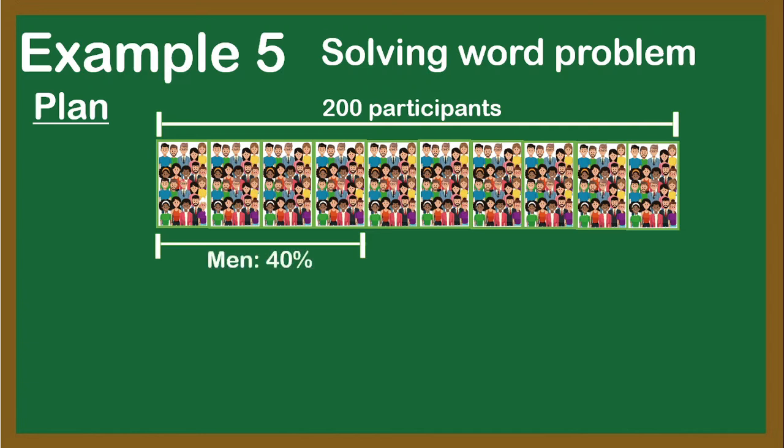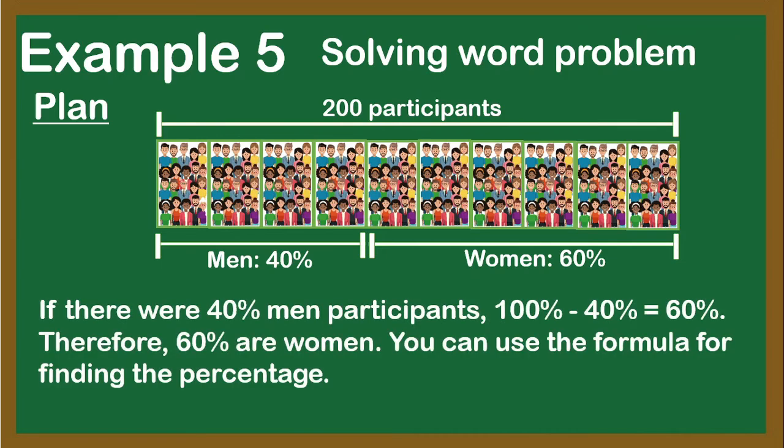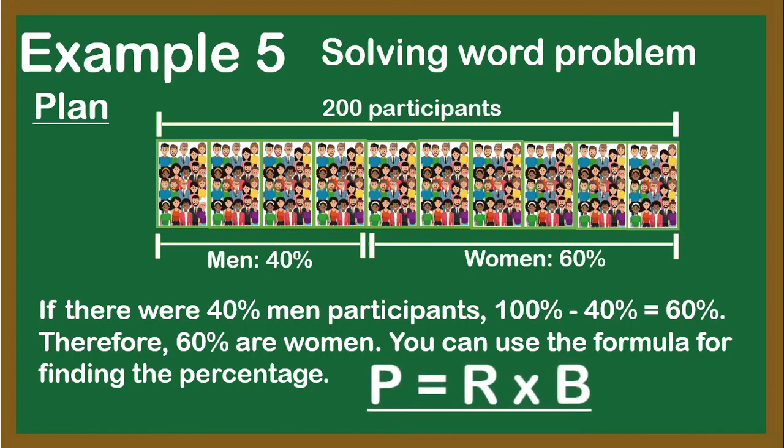Men are 40% and women are 60%. If there were 40% men participants, we have 100% minus 40%, that is 60%. Therefore, 60% are women. You can use the formula for finding the percentage, which is P equals R times B.